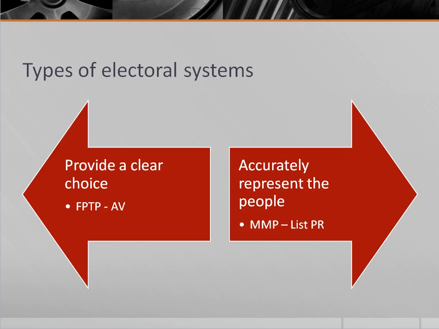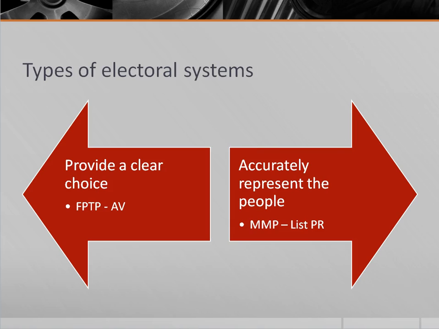Okay, so types of electoral system. Well, again, here's a continuum. On the left side of the continuum, you have those systems that tend to provide a clear choice between two major parties. These are first-past-the-post systems and alternative vote systems.